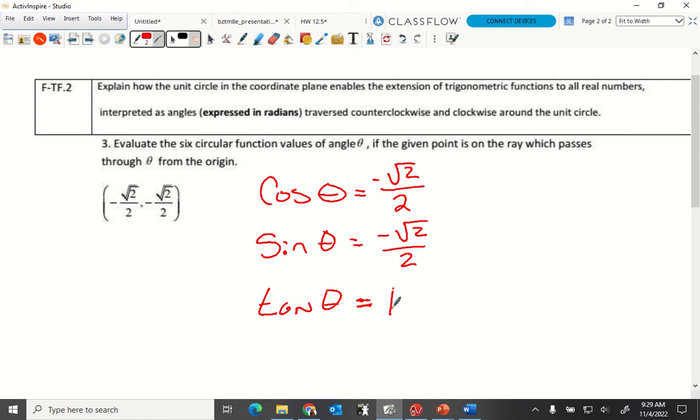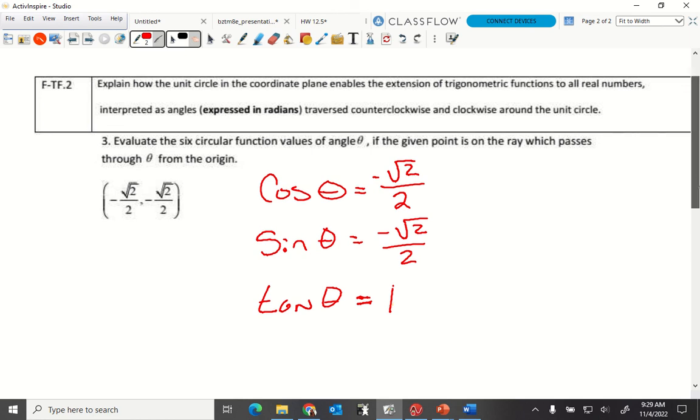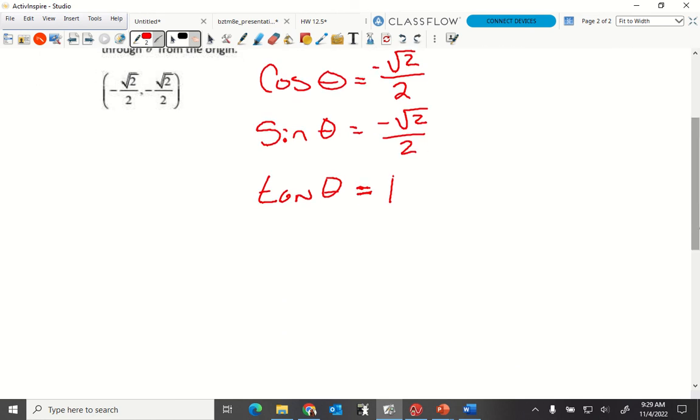Now, these next ones are the reciprocals. So let's talk about secant first. Secant is the reciprocal of which one? Cosine, right? So my cosine is negative rad 2 over 2, right? So all I do is take that one and flip it. You gotta rationalize it.